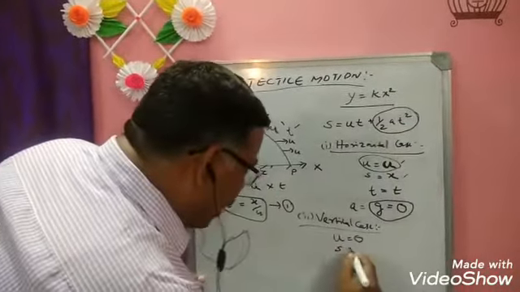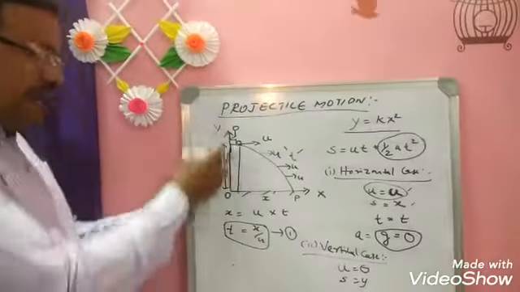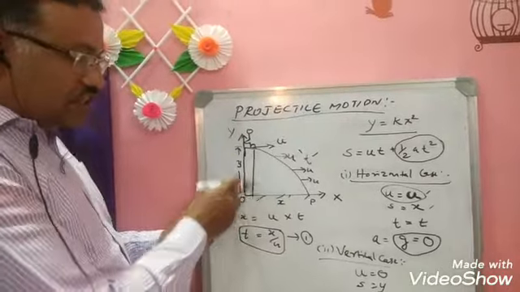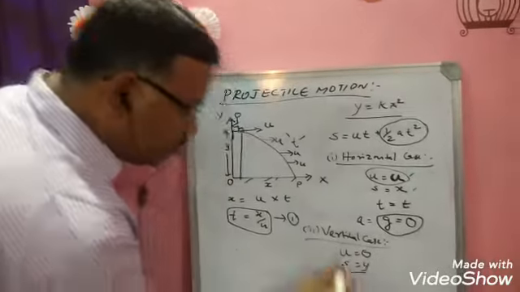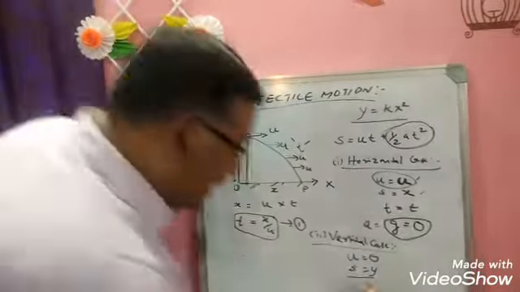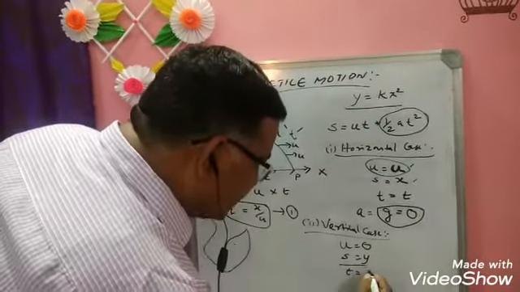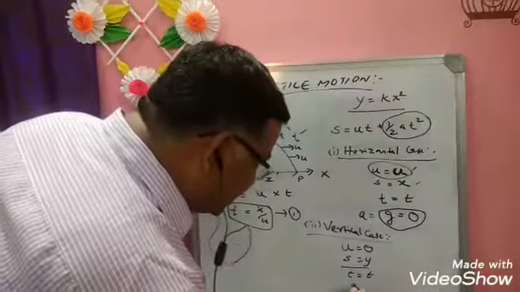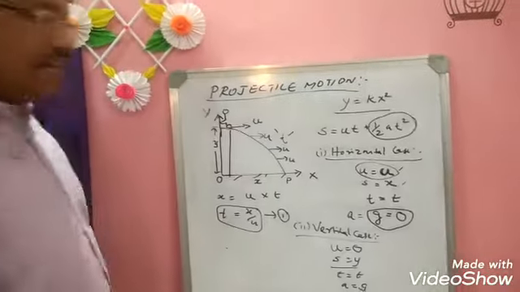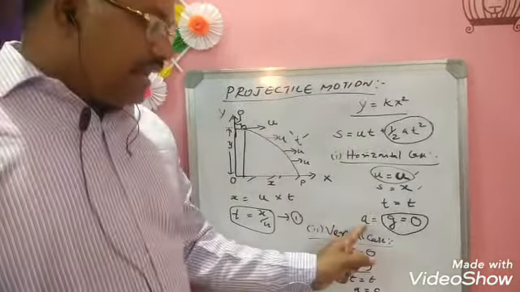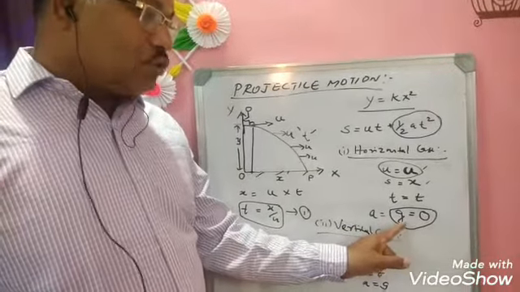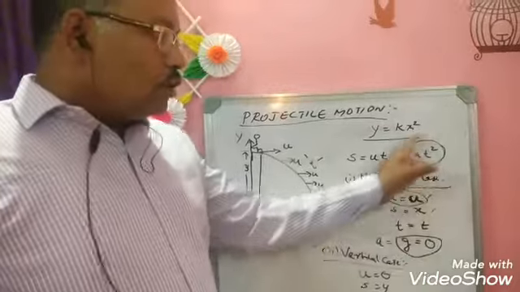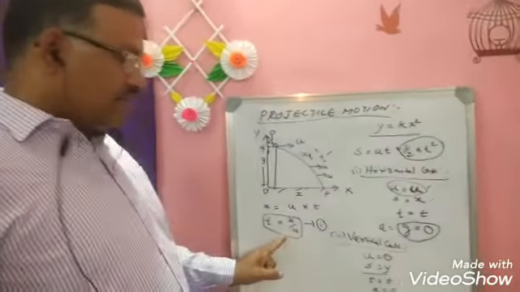S is equal to the vertical distance, the height from which the body is thrown. That is called vertical distance. Vertical distance is S equal to y. t is equal to t only. Then a is replaced by g. Here a is replaced by g, but there is no significance for gravity in the first equation, so it becomes 0. So the whole term becomes 0. You are getting the first equation.